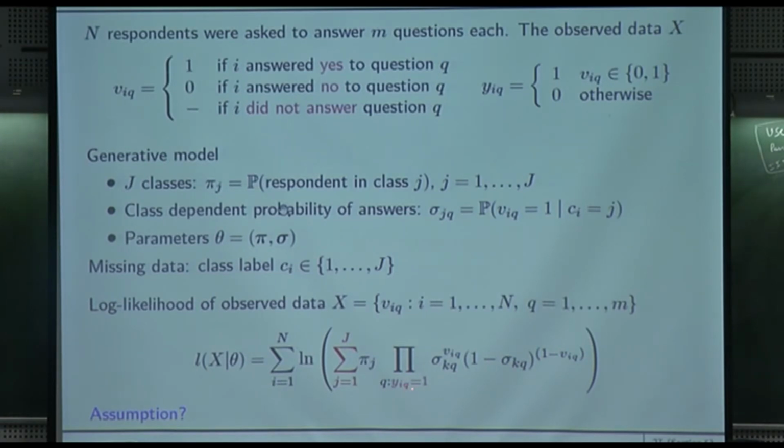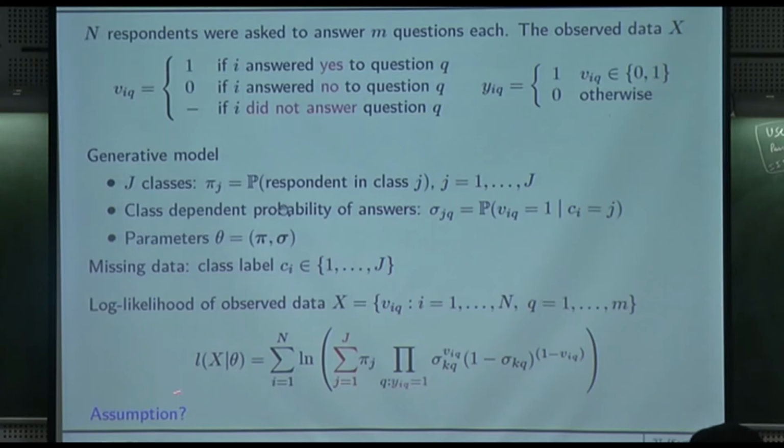So if they answered yes, this part will come up. If they answered no, that part will come up. Correct that if you have notes, this should be j, not k: sigma_jq, because the class is j, and 1 minus sigma_jq. So this is the probability if they answered yes, that is the probability if they answered no.